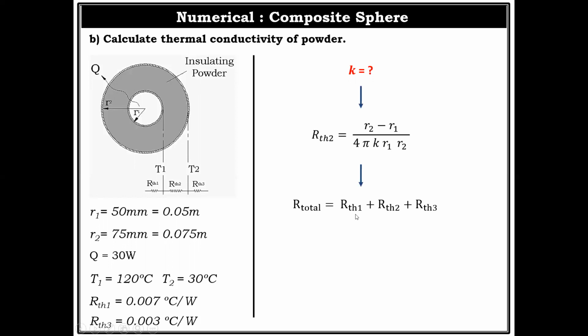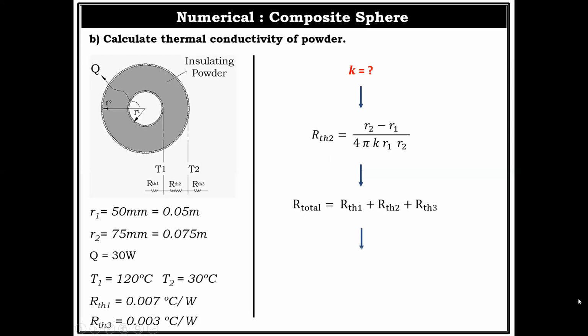R total will be R thermal 1, which has a definite value and is given, plus R thermal 2, which we are interested in finding, plus R thermal 3, again given. Once we get R total, we can find R thermal 2. If we get the value of R thermal 2, then we will find the value of K. So how to get R total?